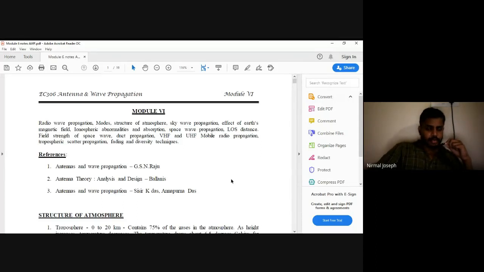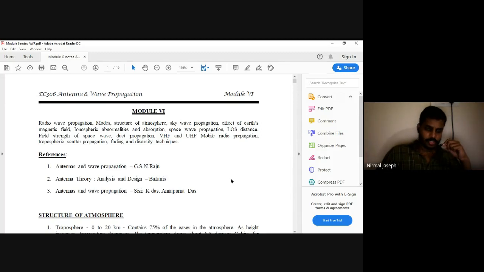In the Earth environment, the propagation of these waves is determined by the characteristics of the wave and the characteristics of the atmosphere, since we are transmitting these waves as ground wave, sky wave or space wave. In addition, the characteristics of the medium, or the atmosphere, also affect the propagation.